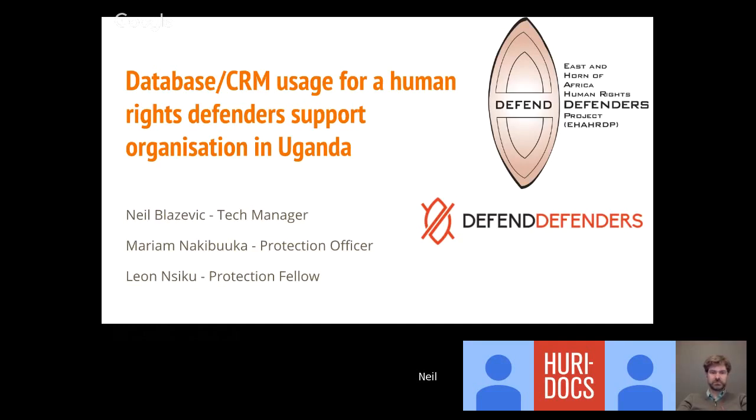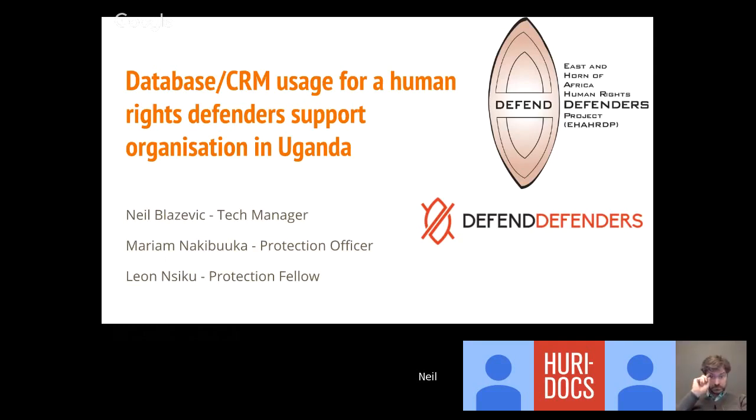Somaliland, South Sudan, Uganda, Kenya, Tanzania, Rwanda, Burundi, Djibouti, yeah. And so what it does is it helps defenders, it enables defenders to be able to continue their work in a safe environment. And so the protection program was set up, which is the network's overall objective.